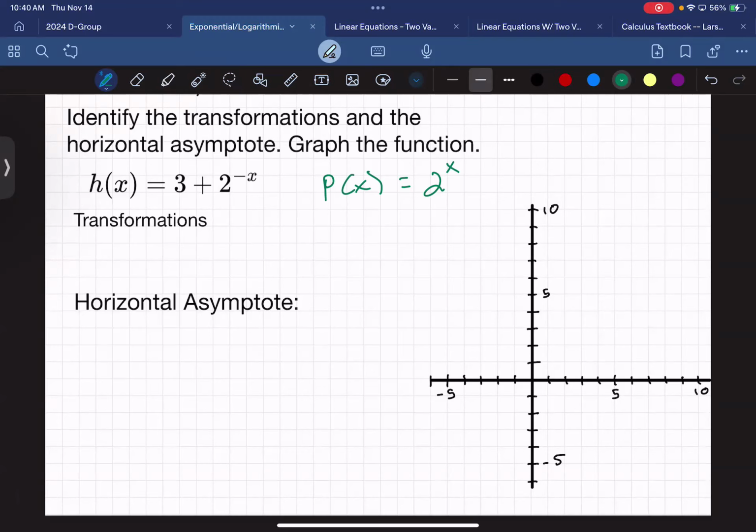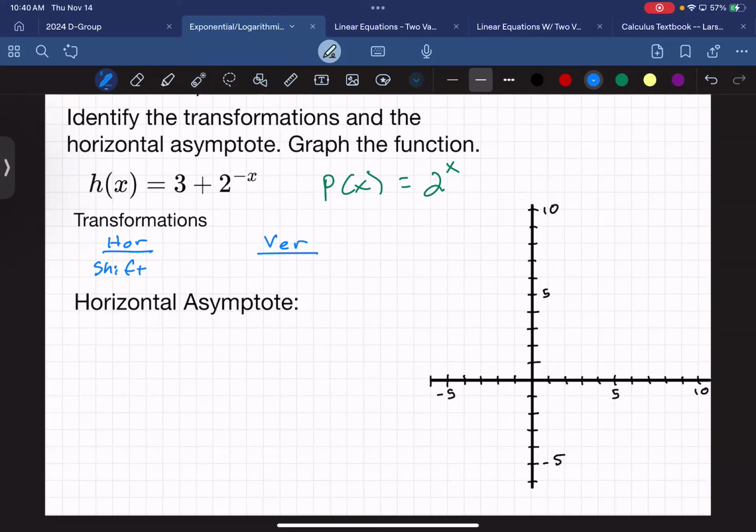What are the transformations that I had with this one I started with? What's one of the things that stands out to us? It's not the 2 or the x. The 3, right? What's the 3 tell us to do? It's a shift.